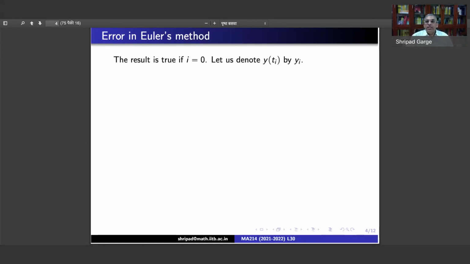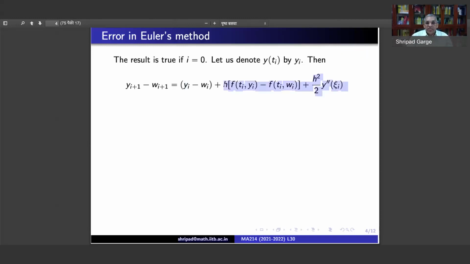So y of t_i is going to be denoted by y_i, and we consider y_{i+1} minus w_{i+1}. Okay, so y_{i+1} is equal to y_i plus h f(t_i, y_i) plus h squared by 2 y double prime(xi_i). So the first term here y_i, the second term h into f(t_i, y_i), plus this h squared term, this is all part of y_{i+1}.